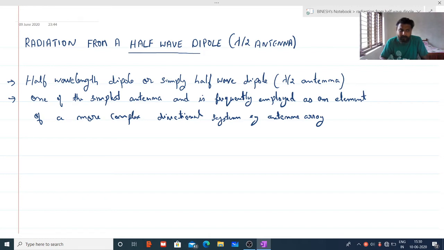The definition: a lambda by 2 antenna is fundamentally, I will give an example, the radio antenna that you normally utilize, a simple metal rod or tubing wire that you have seen on a radio.